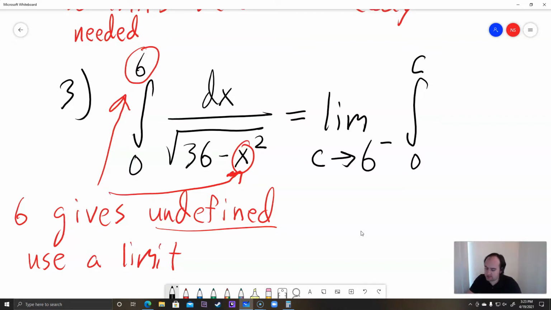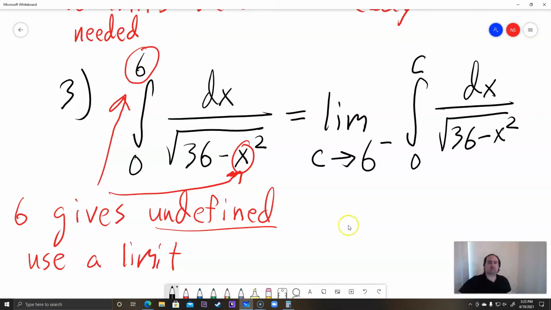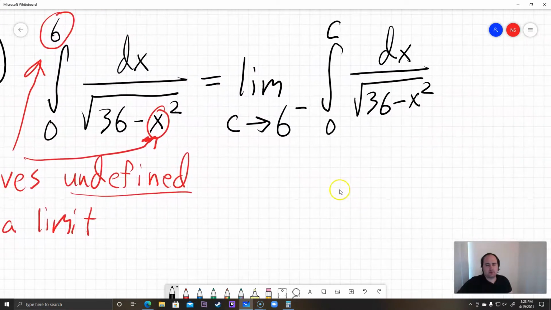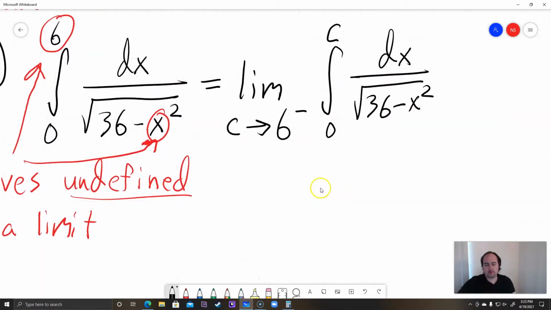So the integral from 0 to c of dx over the square root of 36 minus x squared. Okay? And that's how you set it up, the formally correct way.